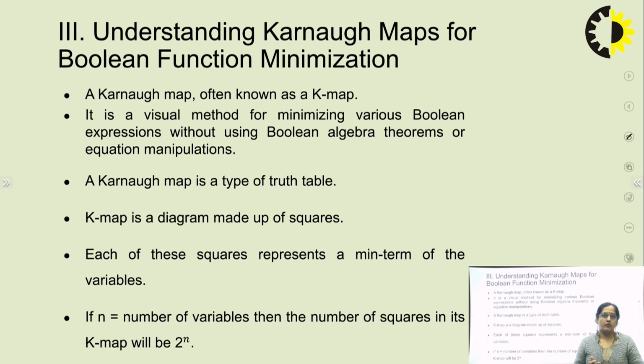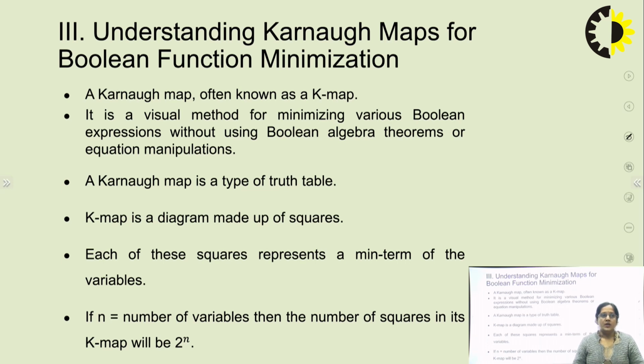So when the number of variables is 1, 2, or maybe 3, we will go with Boolean algebra theorems. But if the number of variables is more than 3, like 4 or 5, we have to use the K-map, which is a very easy way to minimize the Boolean function.